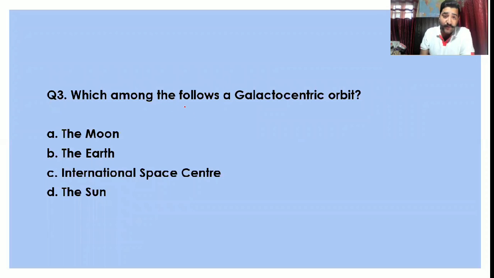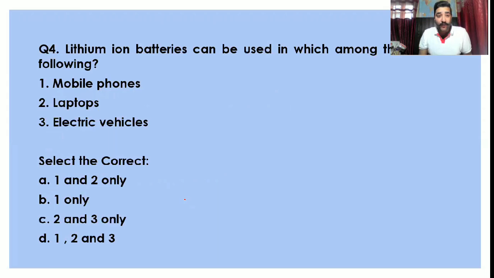Then the third question for the day, which among the following follows a galactocentric orbit? The moon, the earth, International Space Station or the sun, right? So think about your answer. Then coming to the fourth question, lithium ion batteries can be used in which among the following?